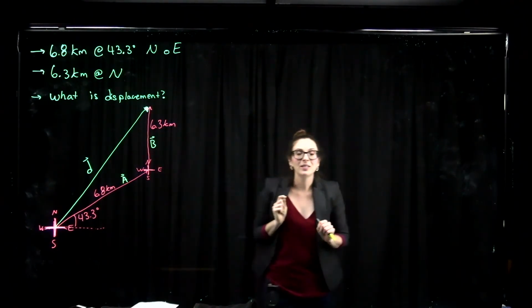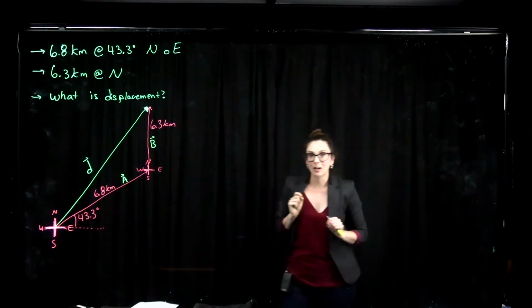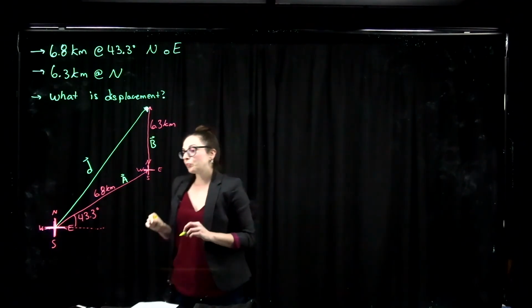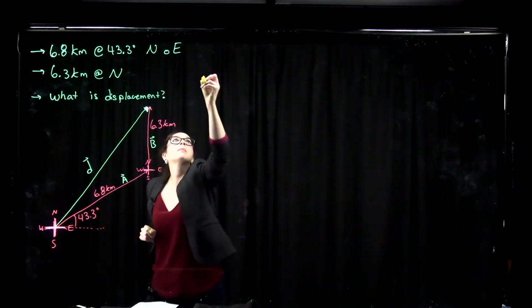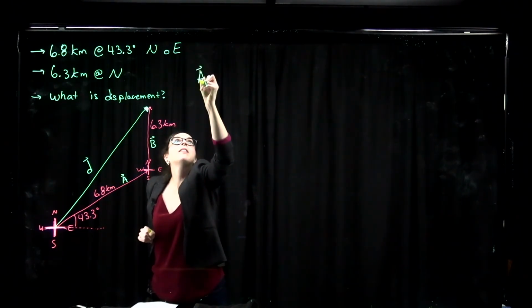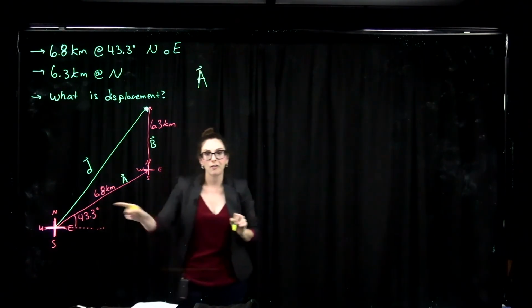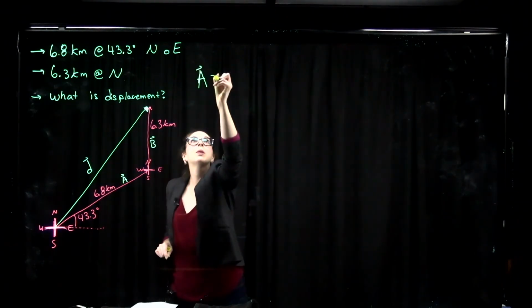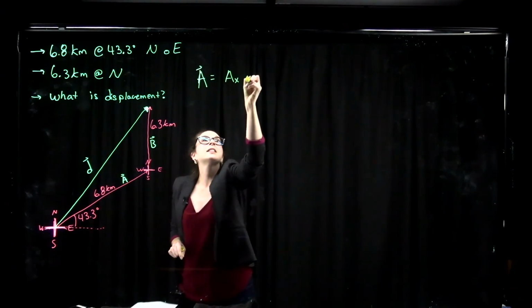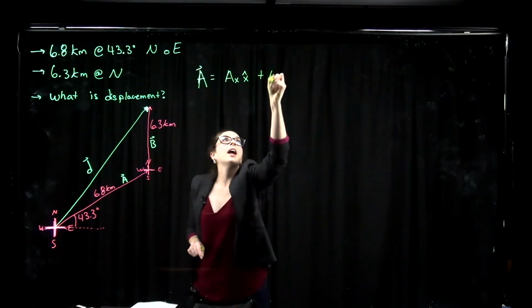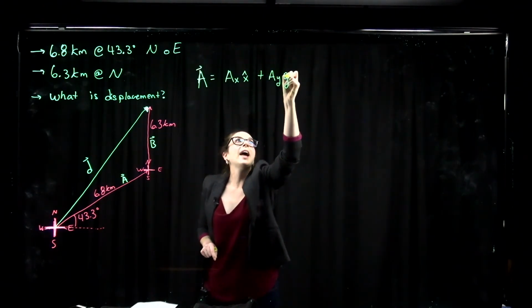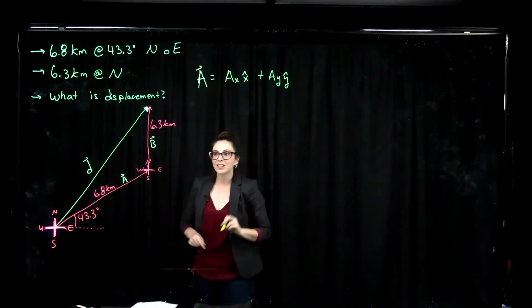That's our displacement magnitude here. So first, let's find the components of my first vector, my A vector. So it's going to be AX x-hat plus AY y-hat. Let's find the X and Y components.